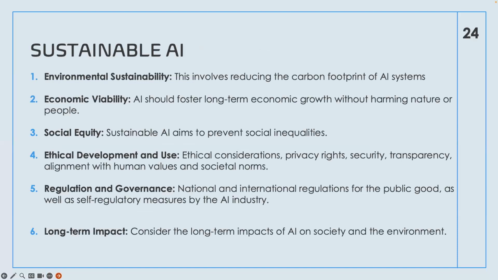Okay, so this sustainable AI, when I first started hearing this thrown around, I thought it was kind of greenwashing, right? Some kind of AI greenwashing or something. But when you actually look through it, it makes a lot of sense because it kind of goes back to the code of conduct ethics for an AI.